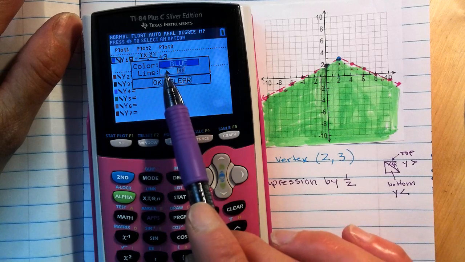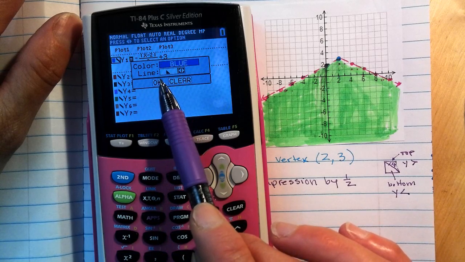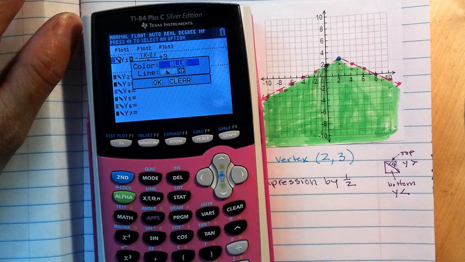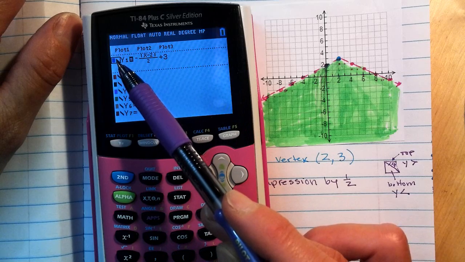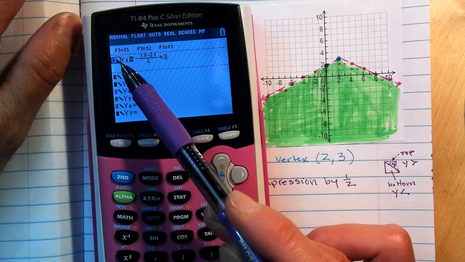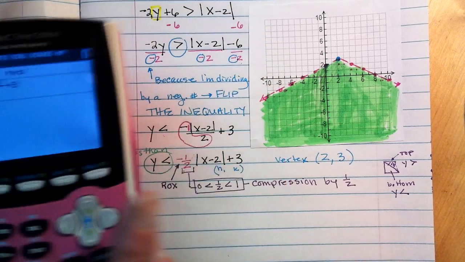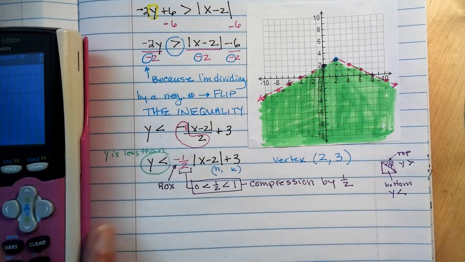So I want the triangle on the bottom. So I'm going to click enter, and then click enter, and you can see here that my triangle is on the bottom. So that means y is less than, and that's what I wanted for here. I have y is less than.